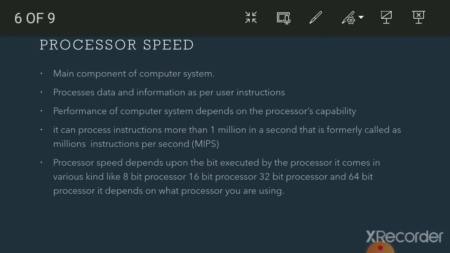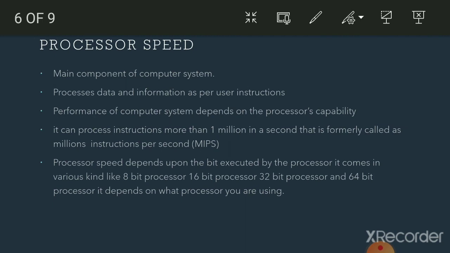In early times, processors were 8-bit, 16-bit, but now we can have processors of 32 bit, 64 bits and more. So more bits means you can execute more instructions, more data.